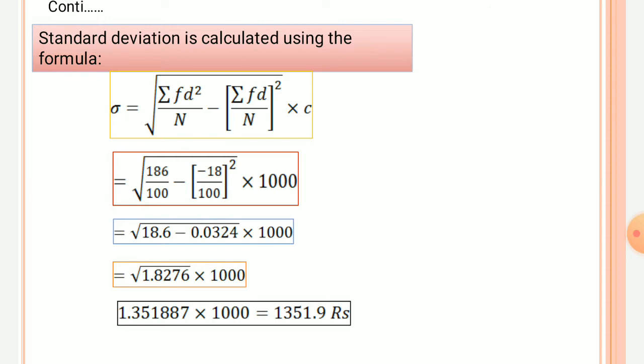Now root of 1.8276 into 1000, then square root of 1.8276 is 1.351887 into 1000. That gives us 1351.9 rupees. This is the value of the standard deviation sigma.